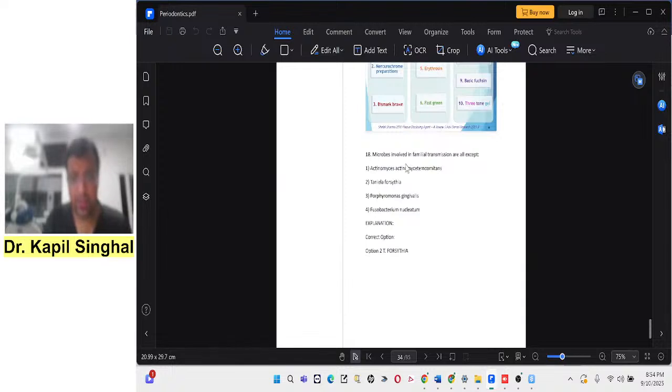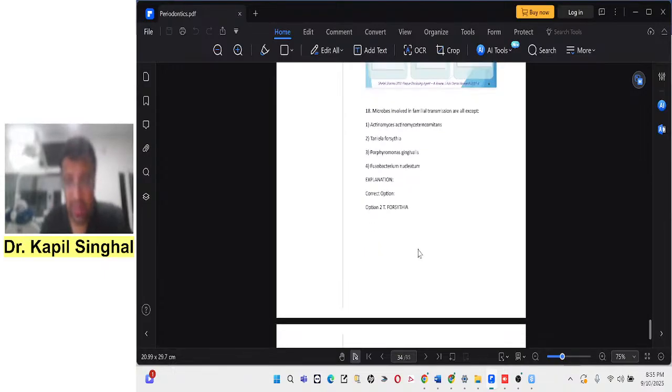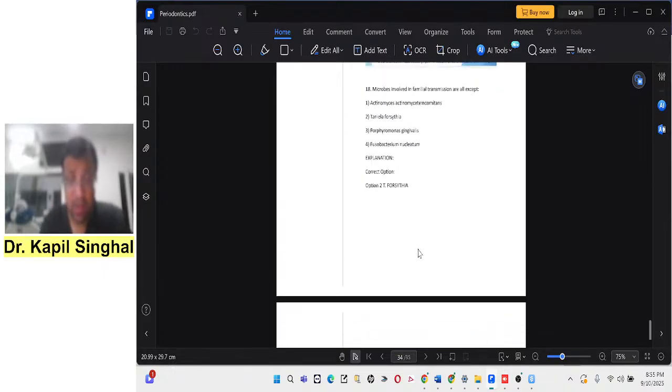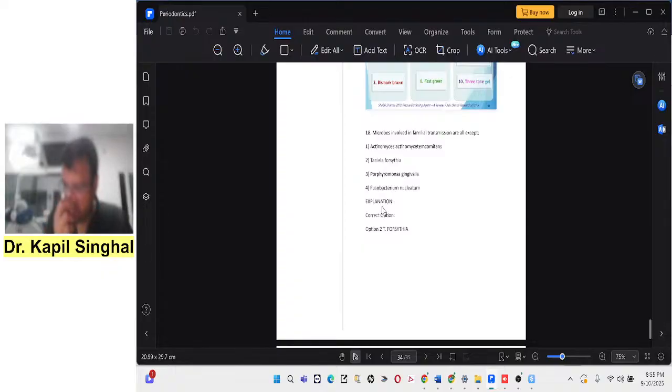And next question. Microbes involved in familial transmission are all except. Very, very important question. This question has been asked in an exam. I have read 2-3 articles for that, and I found this answer is the best option here. A. comitans obviously has familial transmission, we have seen.